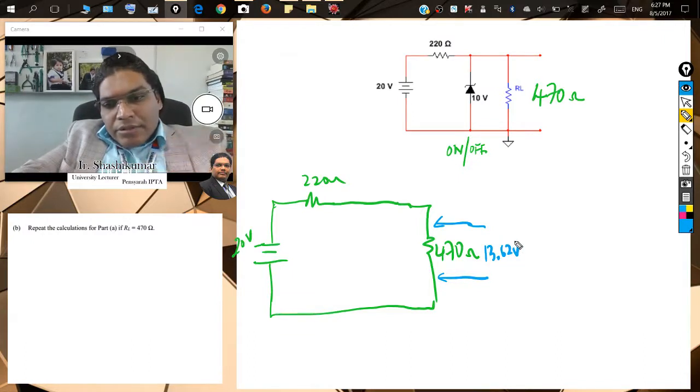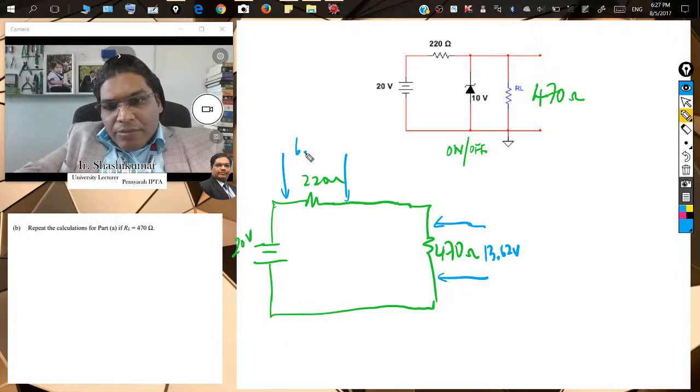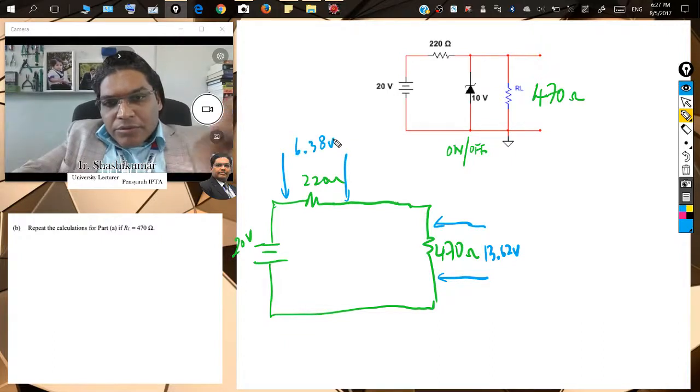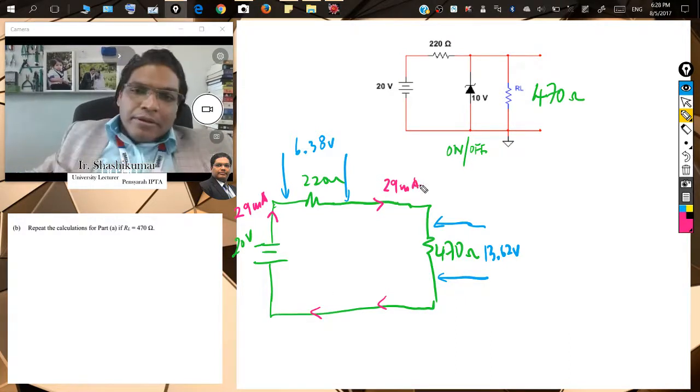In that case, using KVL, we can know the voltage across here, that minus that, we get 6.38 volts. And your current here, you will get 29 milliamps. So the current is the same at all locations, 29 milliamps.